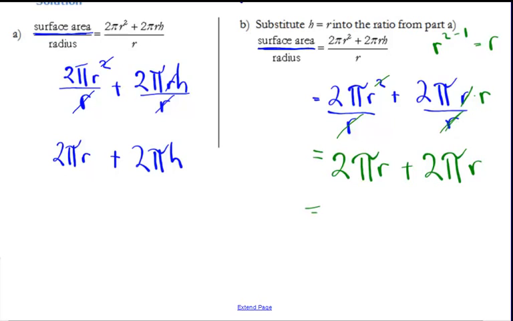Now, can I combine these any further? Well, yes, they're actually like terms because they both have the same variables and they both have the same exponents. So 2 pi r plus 2 pi r is 4 pi r.